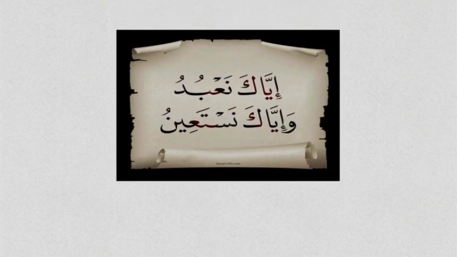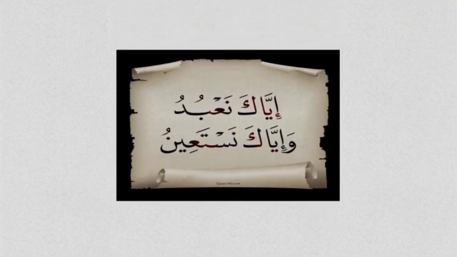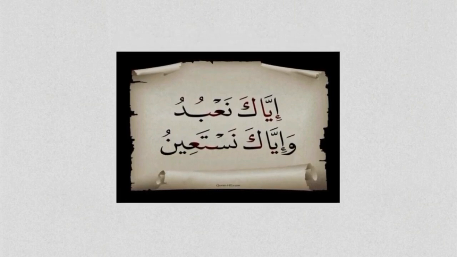Now we can move to the implications of what we have just mentioned on the meaning of pronouns in each language. First of all, fronting a pronoun can be used in Arabic for a rhetorical purpose. For example, إياك نعبد وإياك نستعين.